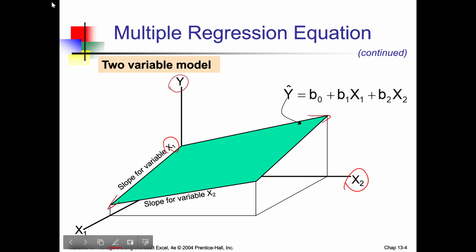It becomes a bit more complicated, and when we add more independent variables, the dimension changes and it becomes more and more sophisticated. This is basically an analogy of multiple linear regression with 2 independent variables.